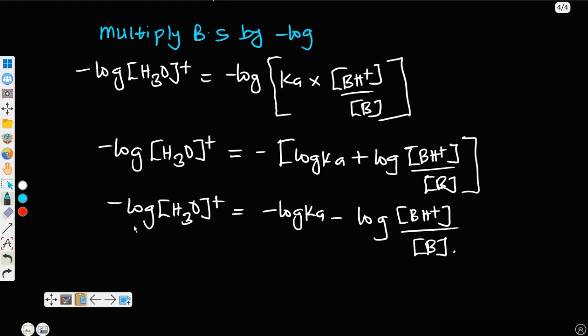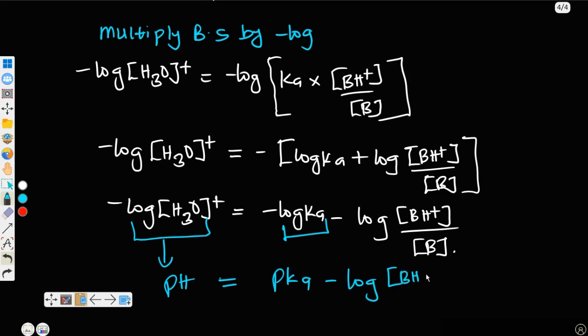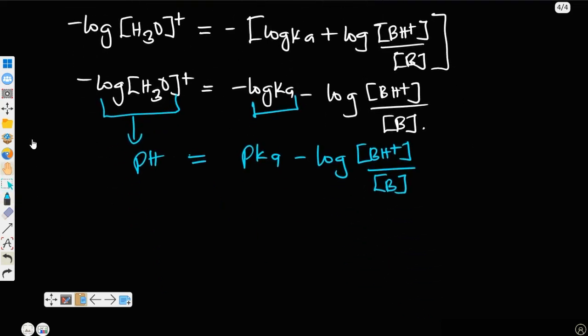Recall that I told you this whole expression here is still the same thing as pH. And this will be equal to pKa, then minus log BH+ all over B. By what I gave you earlier, if this B must come up and this one come down, the sign will change to positive.